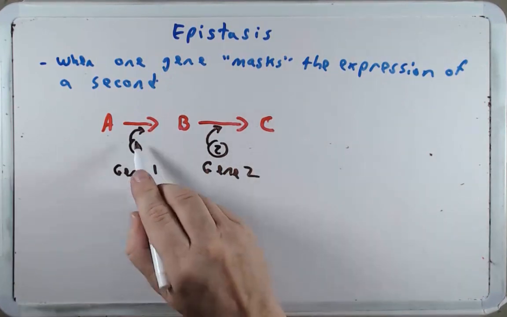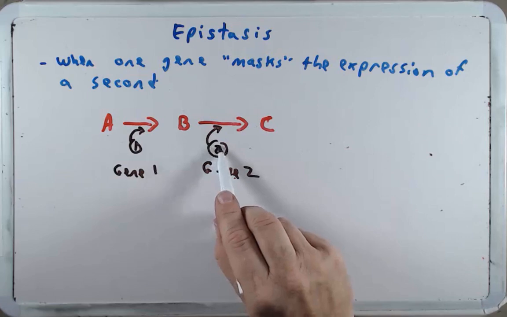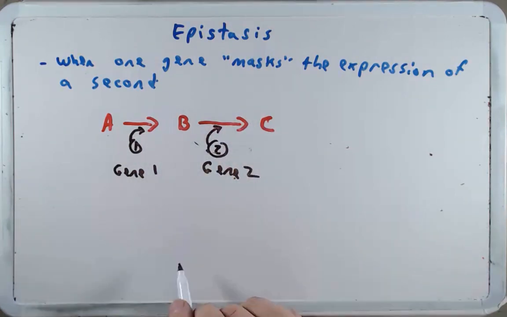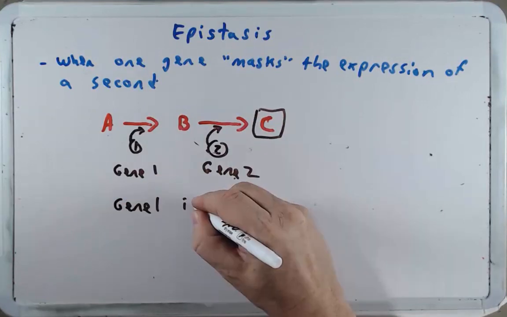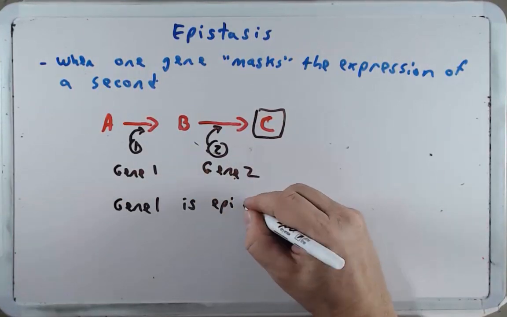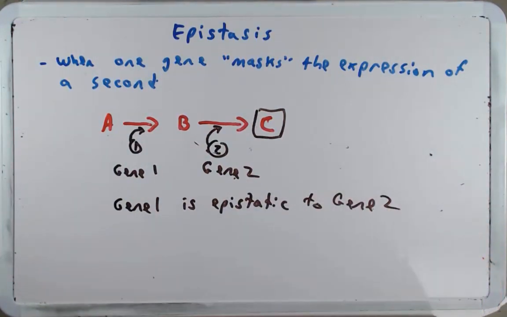So gene 1 makes enzyme 1 that functions in this pathway. Gene 2 makes enzyme 2 that functions in this pathway. So what we would say here is that gene 1 is epistatic to gene 2. And this concept, I think, becomes a little confusing.